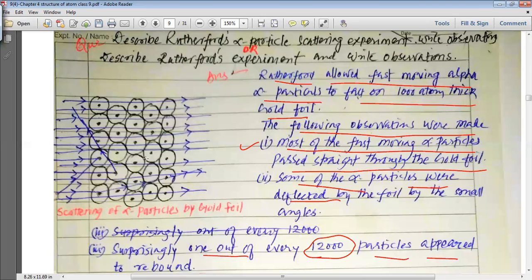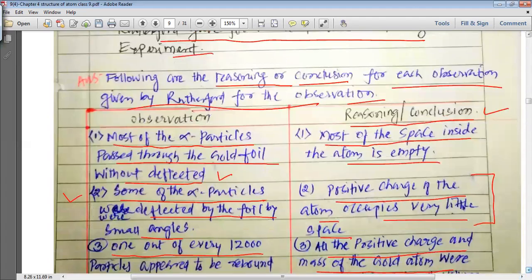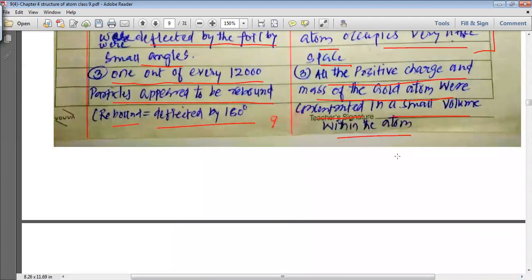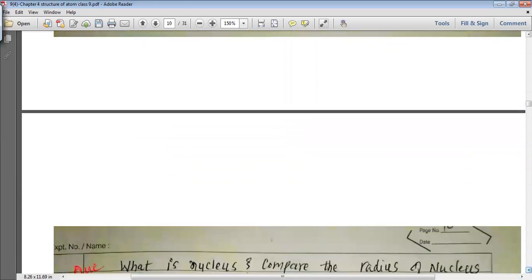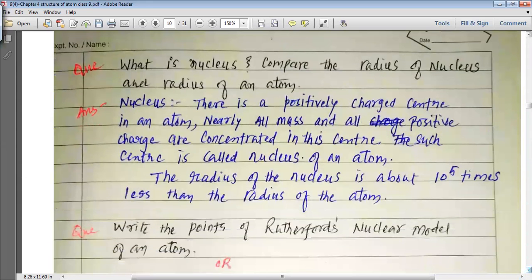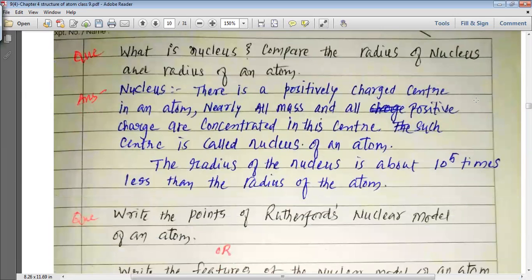When this was observed, Rutherford concluded that all the positive charge and mass of the gold atom were concentrated, meaning collected, in a small volume within the atom. So once again, the positive charge occupies a very small space inside the atom.